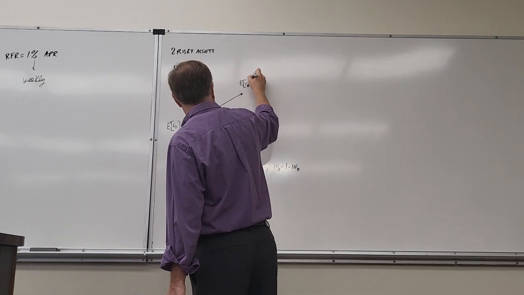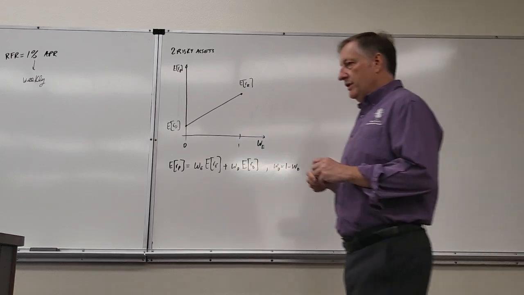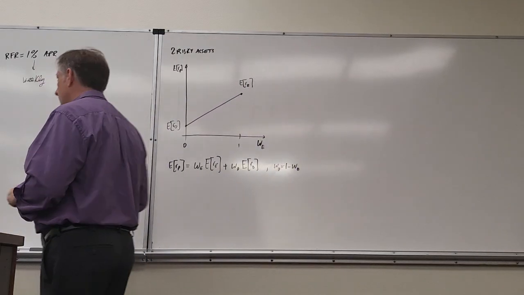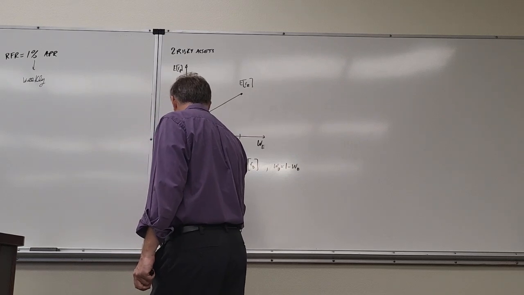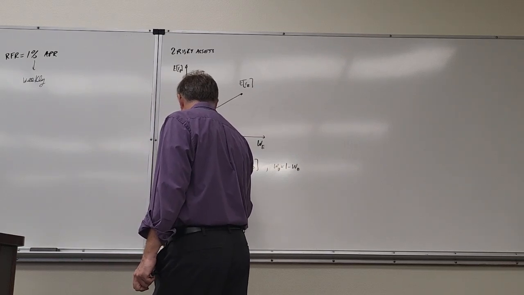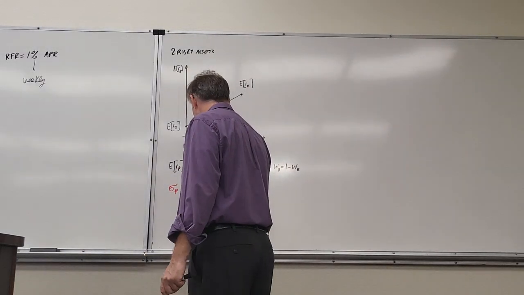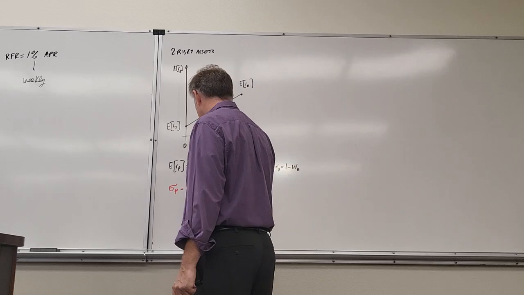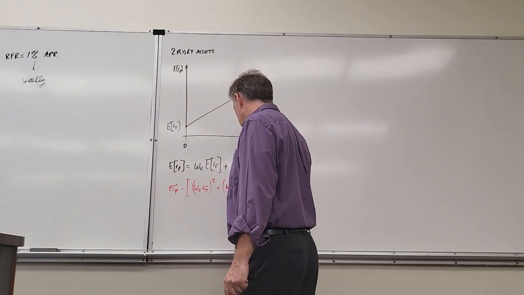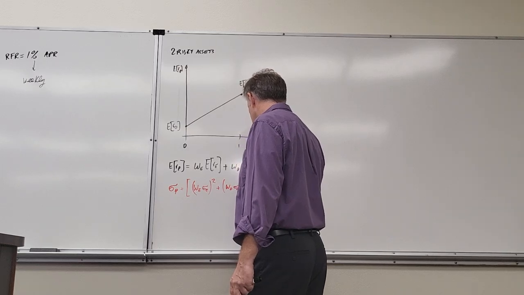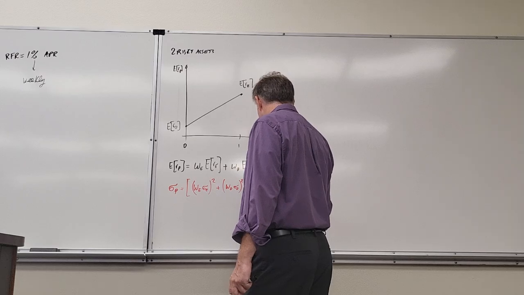And it ranges between those two extremes. Then we say, what about risk? Well, there things are more complicated because the risk of the portfolio is the weight of equity times sigma of equity squared, plus weight of debt times sigma debt squared, plus twice the weights times the covariance between the two.